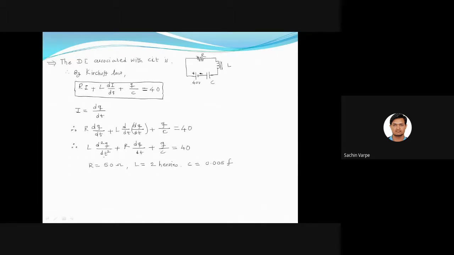Let us substitute these values here as these are all constants. So this is actually a linear differential equation with constant coefficients.